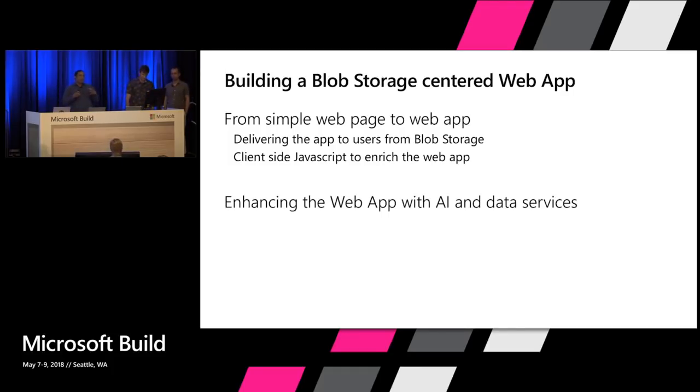And then we're really going to spend time talking about how we enhance this web app with Azure's AI and data services. So if you were in the Scott Gu keynote this morning, he talked quite a bit about serverless and AI and how we're making that story much better for your applications and for you as developers. And that really is reflected even in this fundamental data service of Blob Storage.